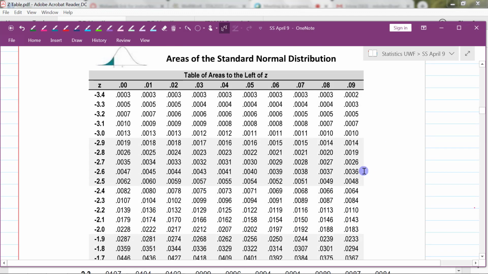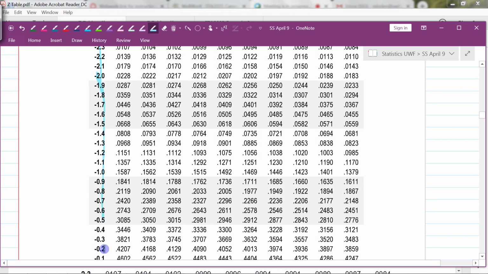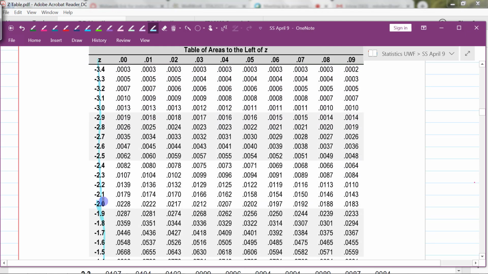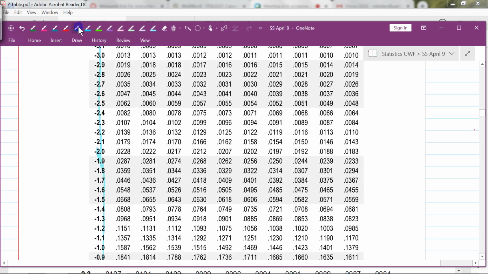Okay, so right in here, my z values, I think we did blue for z values. So right through here are my z values. These are my negative z values. Those are to the first decimal place, and then this is to the second decimal place. The area under the curve are these numbers in here.